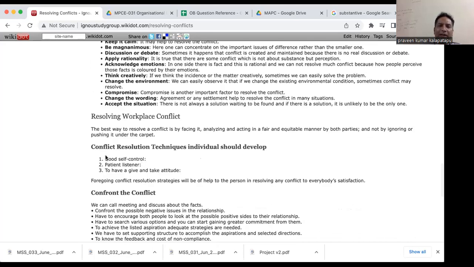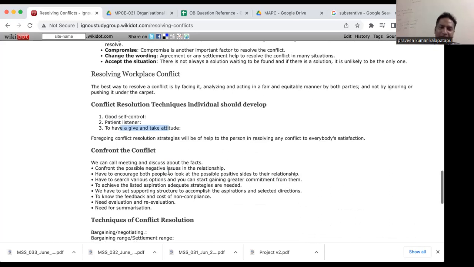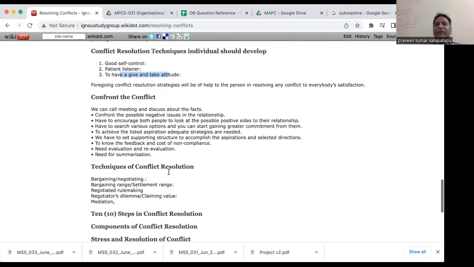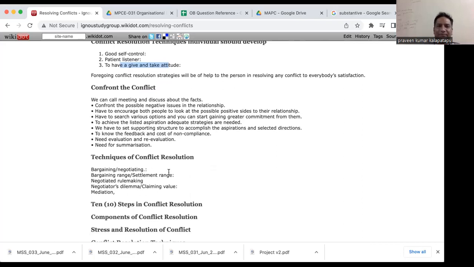This is also talking about the same thing in a different way, where you are saying good self control. You need to control yourself in a better way. You have to be a patient listener. And you need to have a give and take attitude to resolve. So these are the things that an individual should develop in order to resolve a conflict.